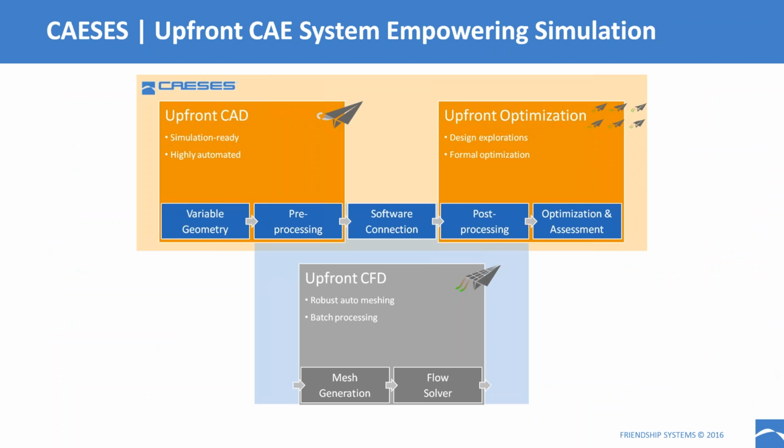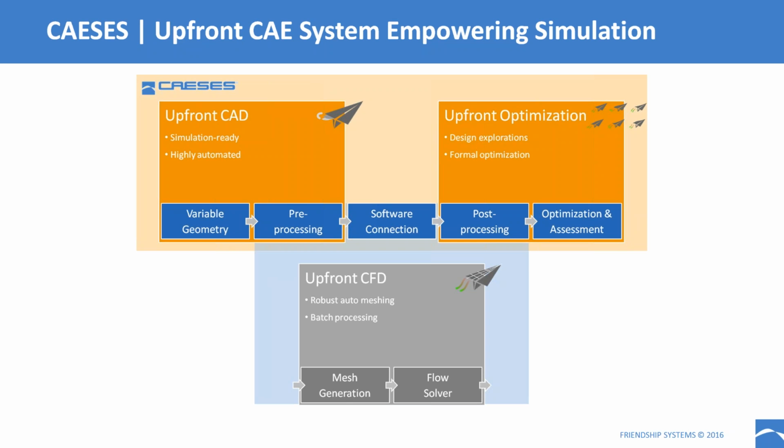This next slide shows in a short overview the components or parts that make up CAESES. So probably the most important component that is also going to be in the focus of today's webinar is the CAD modeling.